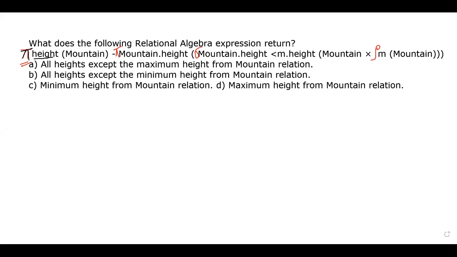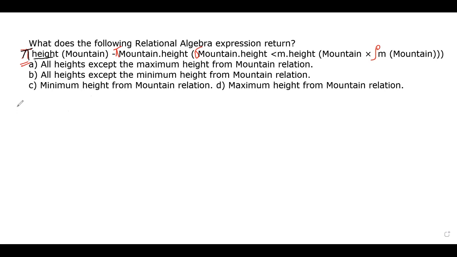I will explain this on the board. The expression is projection mountain.height, selection mountain.height less than M.height, and rename of M mountain. Now we'll see how to do this problem.